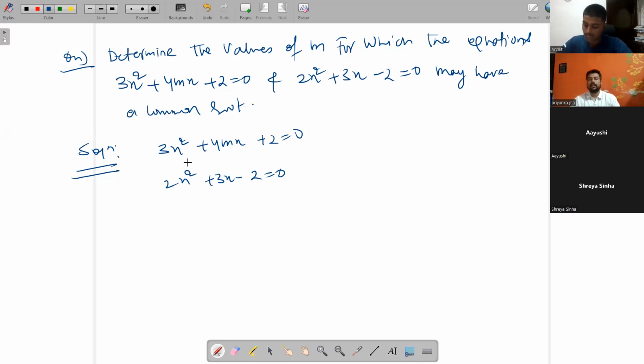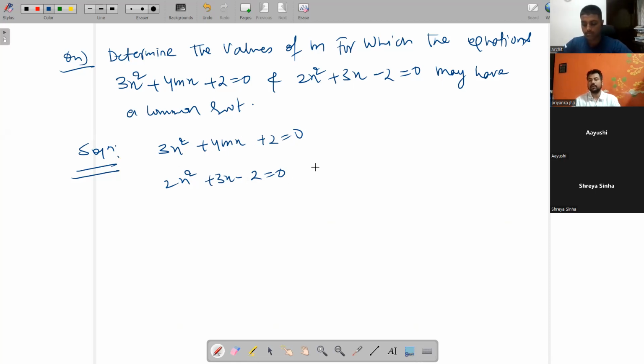See, if both the equations had variable coefficients, then we would have to use the initial condition that we derived, the first condition. But this equation does not have any variable coefficient, so we can try to find the roots of this equation.